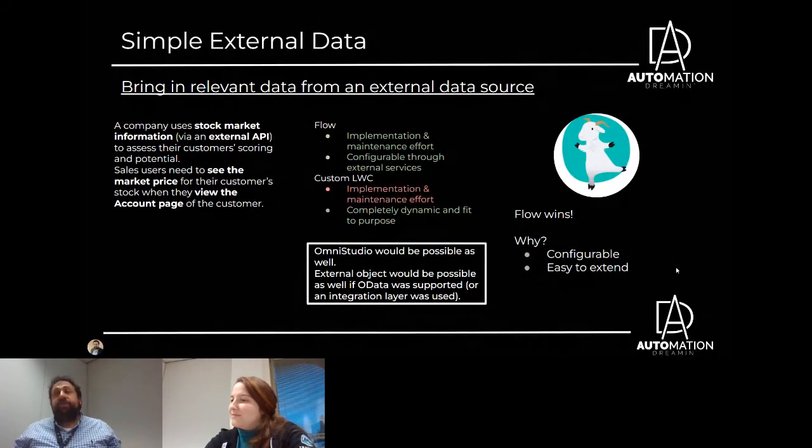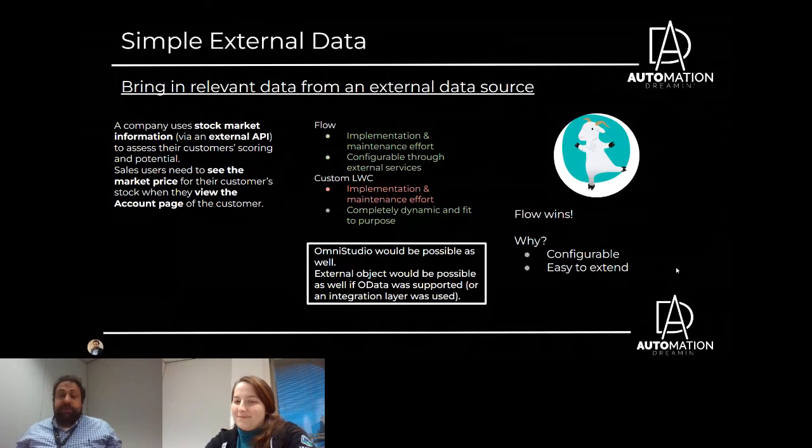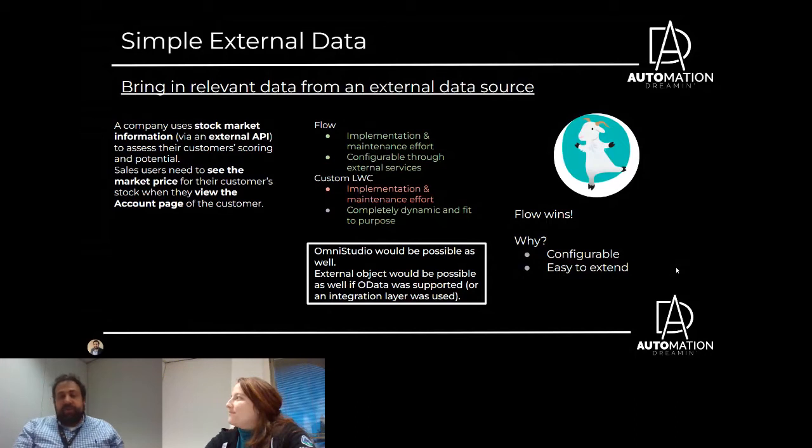But if your endpoint does not support OData, then you would need an integration layer in order to do a protocol conversion of that OData support in order to show the data that you need on your account page. However, both of them need extra licenses, which is also not always a given for your customer or your company.